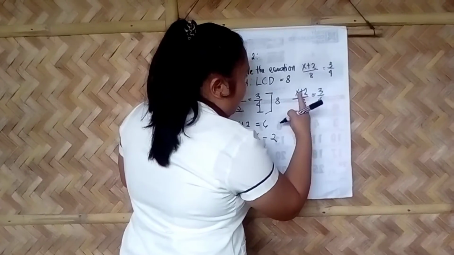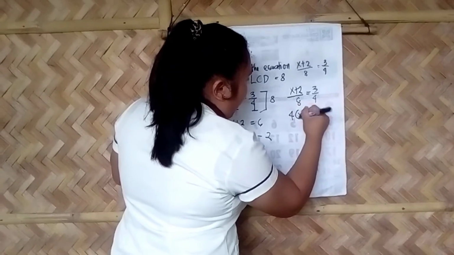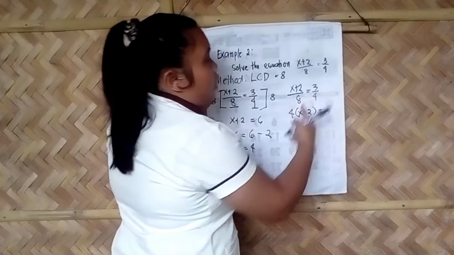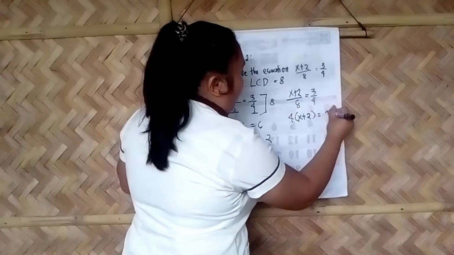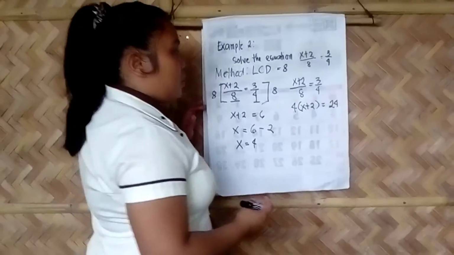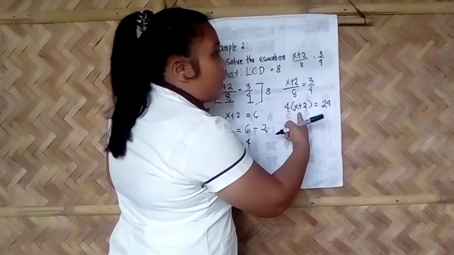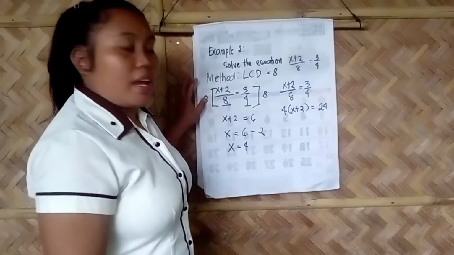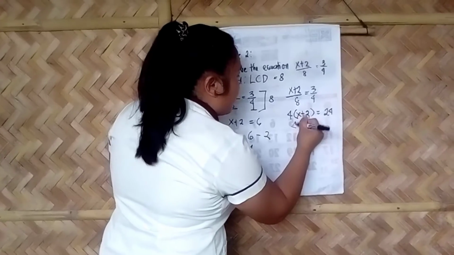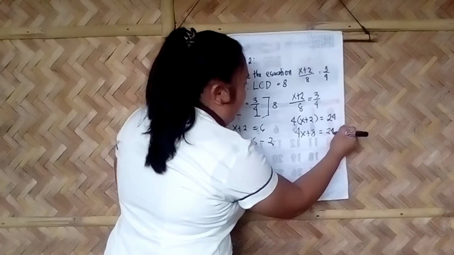So we have here x plus 2 times 4, so we have 4 times x plus 2 equals 8 times 3 equals 24. After that, we are going to distribute 4 to the numbers inside the parentheses. So we have here 4 times x equals 4x plus 8 equals 24.